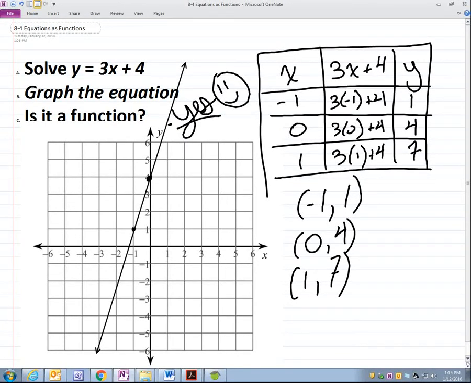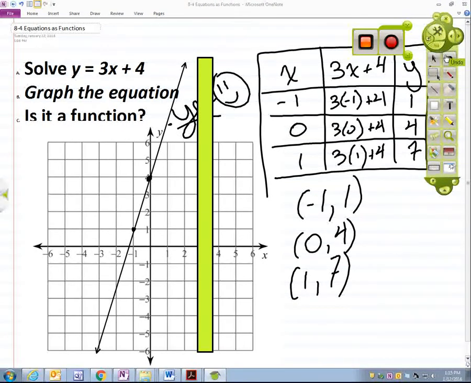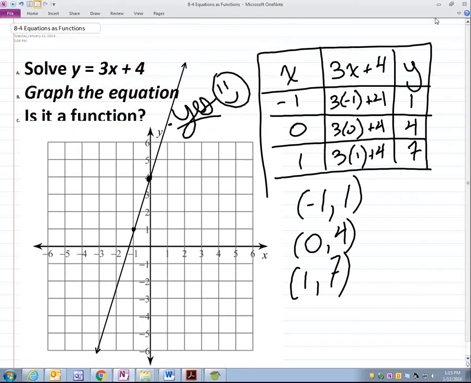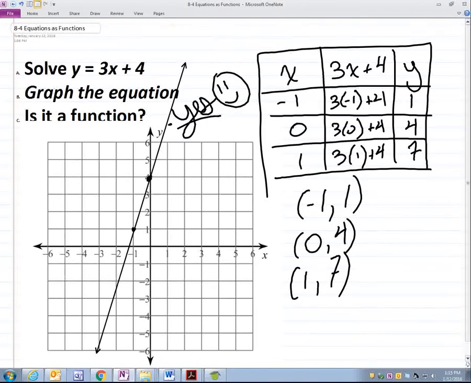I'll show you ones that are not functions, what they look like. For example, let's say that this was 3x squared, and I wanted to do these same amounts.